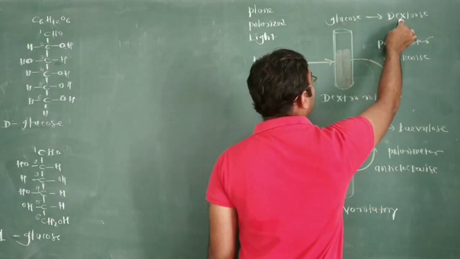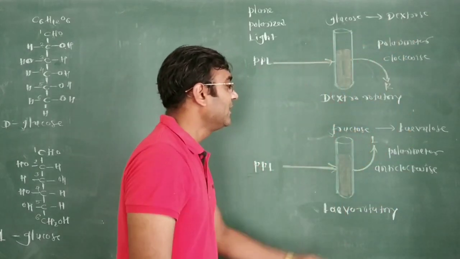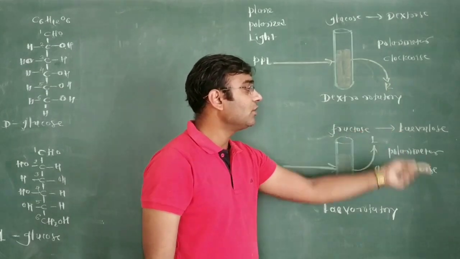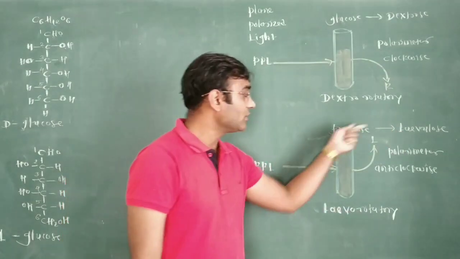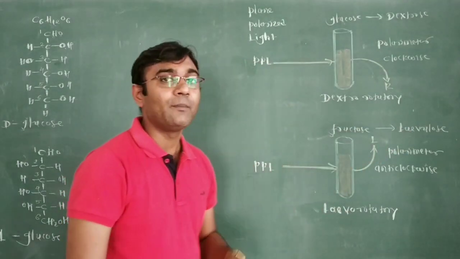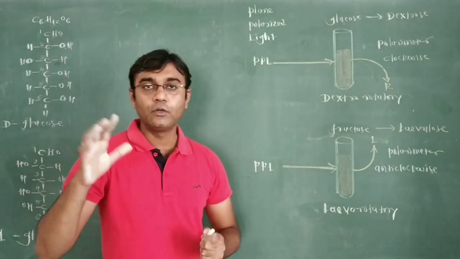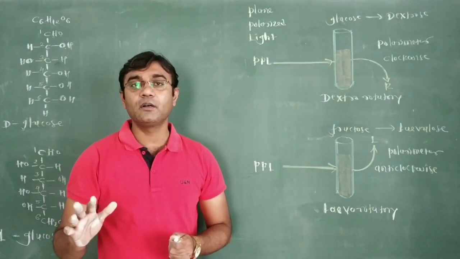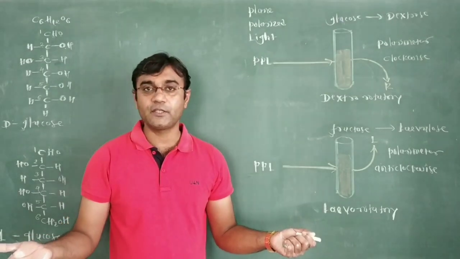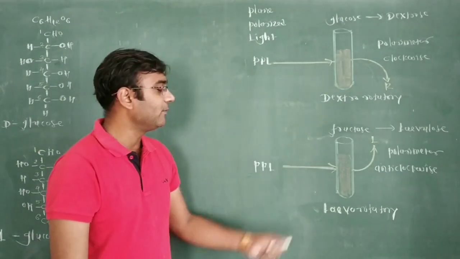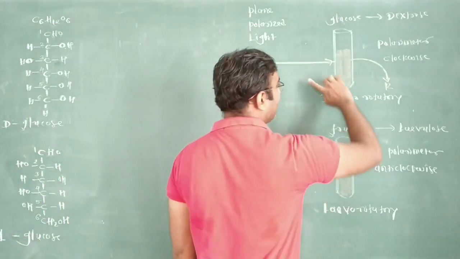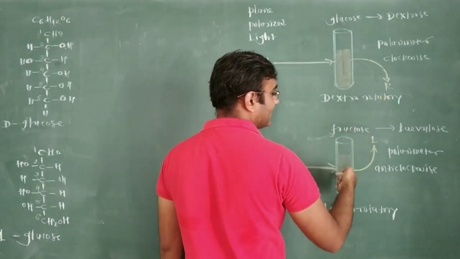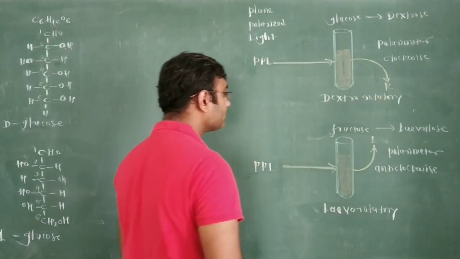So glucose is dextrose in the given solution, and fructose is levulose, the L form. So there are two types of mirror-image structures, dextrorotatory and levorotatory. Dextrorotatory bends the light to the right, levorotatory to the left.